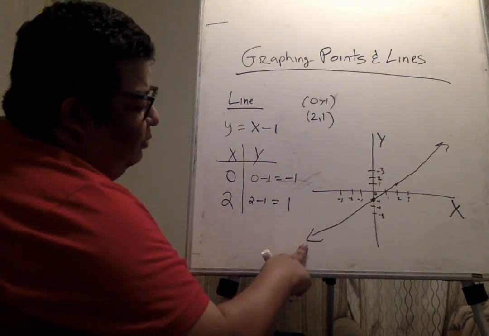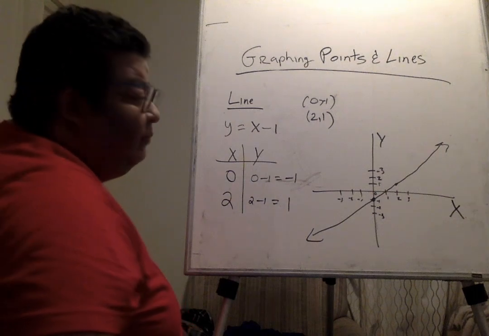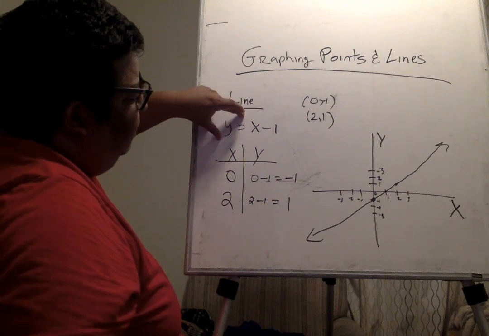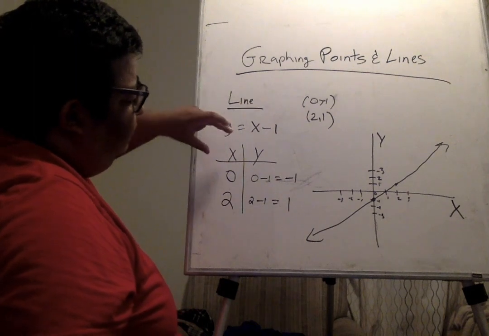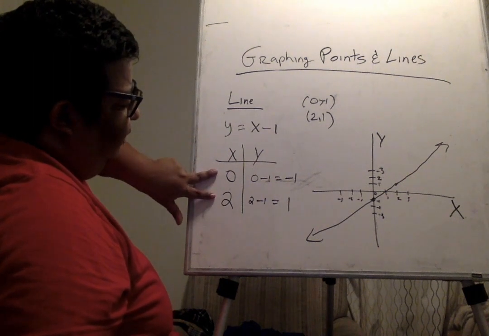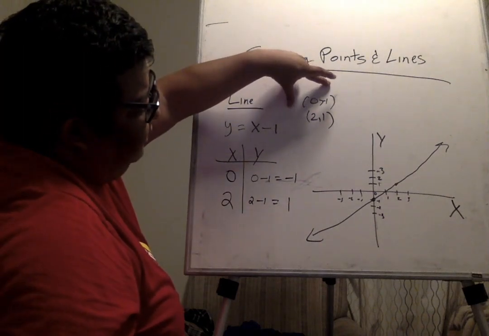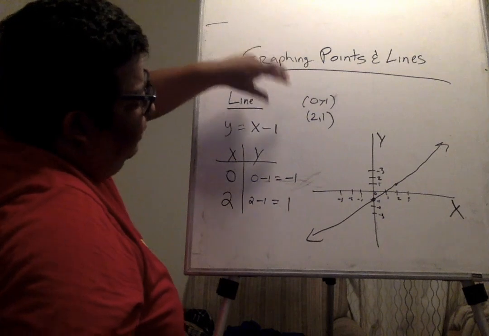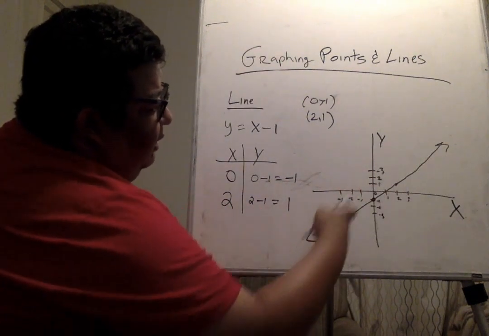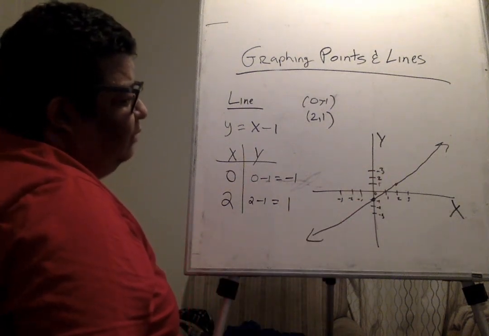Remember, don't forget to draw these arrows here, because that tells you that it is a line. So remember, when they give us an equation like this, a linear equation, all you have to do is write a table, pick 2 different values, get your y's, put them like this in pair notation, and then plot the points, and then draw a line through the points, and that should give you the solution to the exercises.